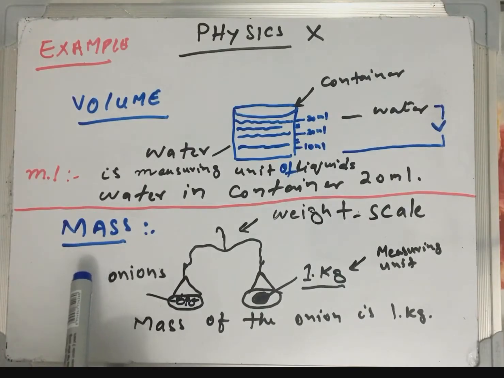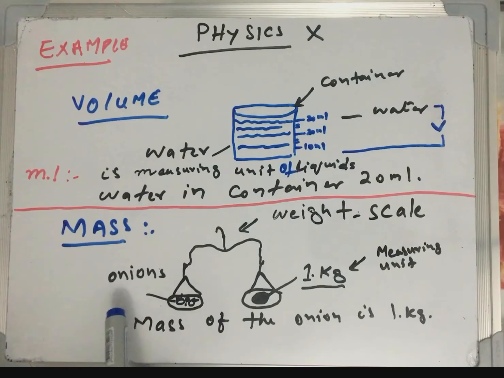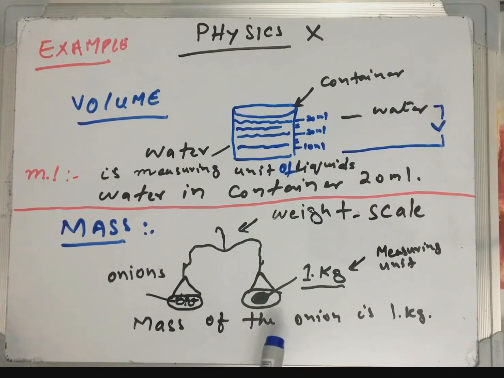So here is the mass. I have made this weight scale. On one side of this weight scale there are onions, and for this onion we measure in kilograms or grams. This onion's mass is 1 kg.